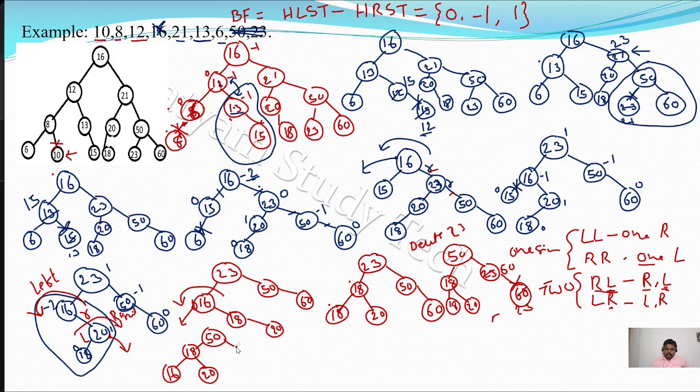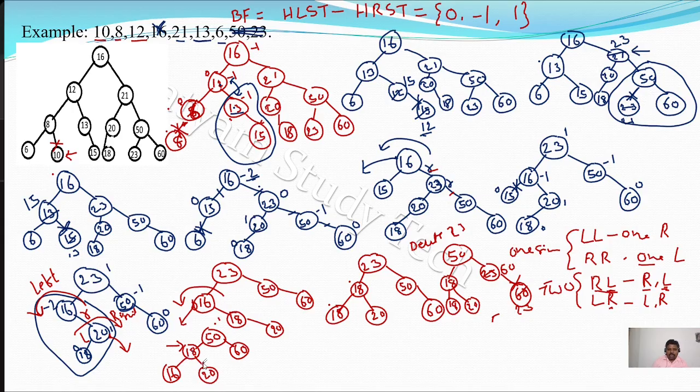Then here it is 60. Is it balanced or not? You can see, the left subtree height is 2, right subtree height is 1. So it is balanced. Okay, now we have to delete 18. How can we delete it? It has two children, so either it can follow the inorder predecessor or the inorder successor.